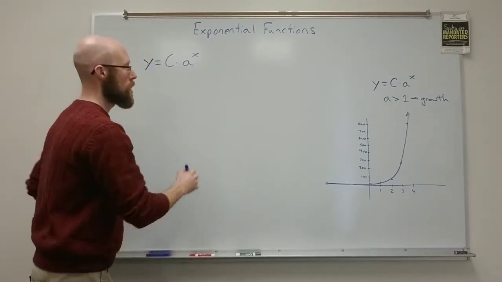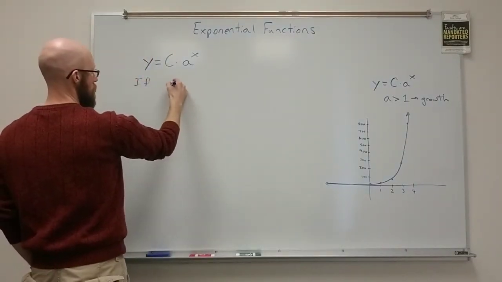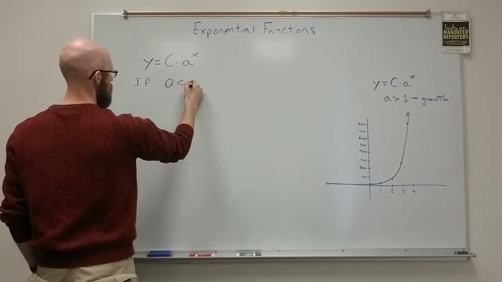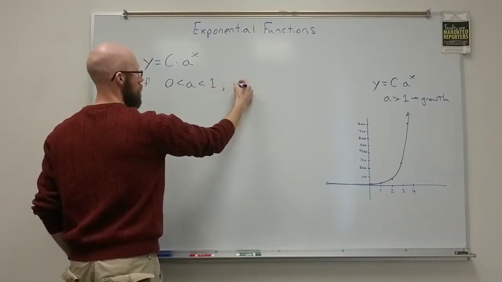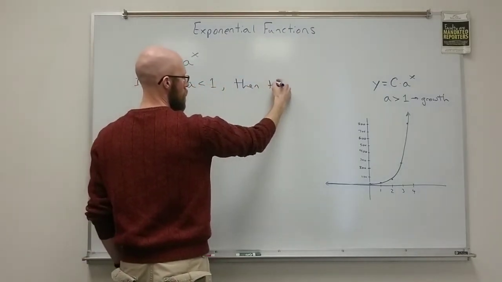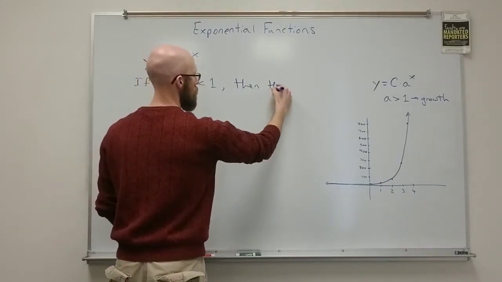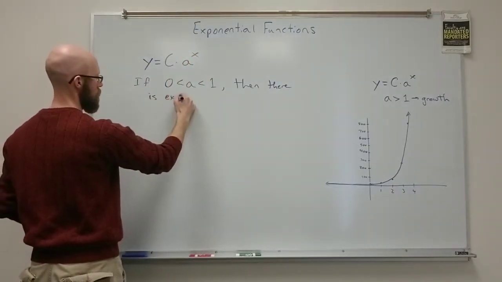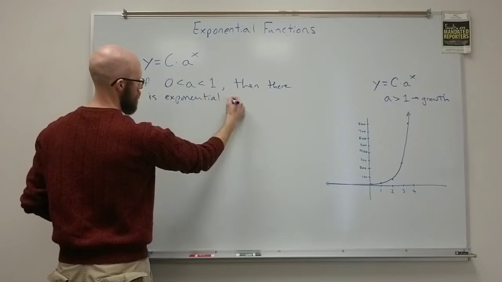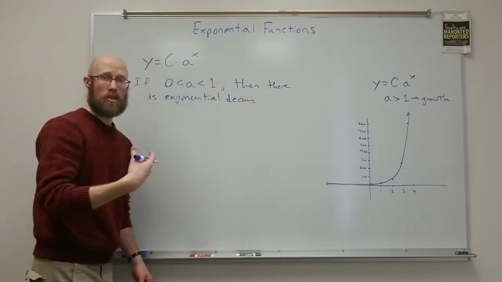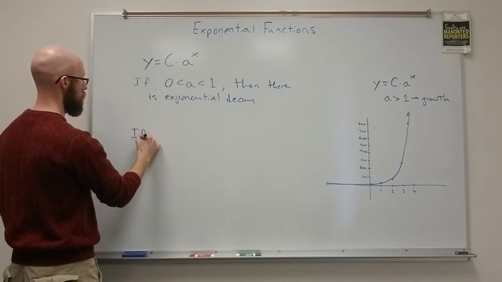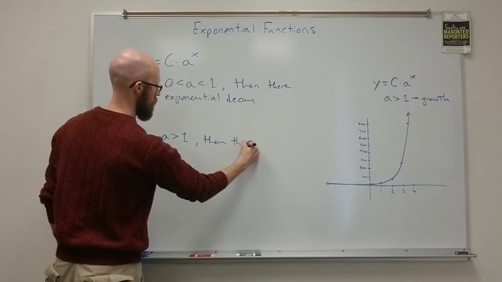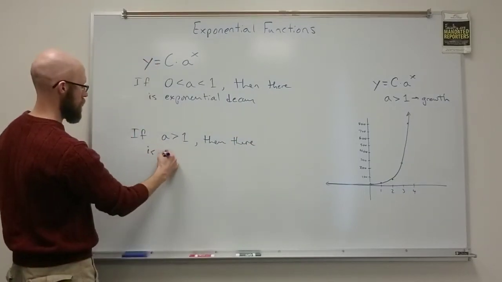Now again, we said if a, this base, is between 0 and 1, then there is exponential decay. That's a decrease. And if a is greater than 1, then there is exponential growth.